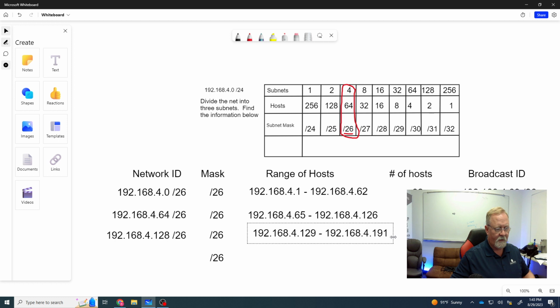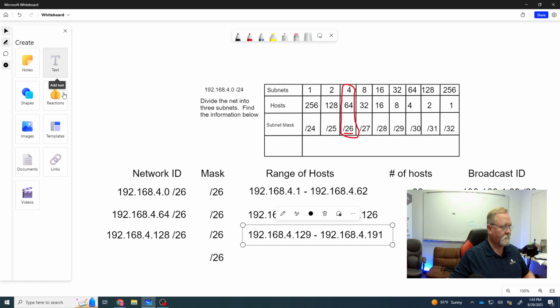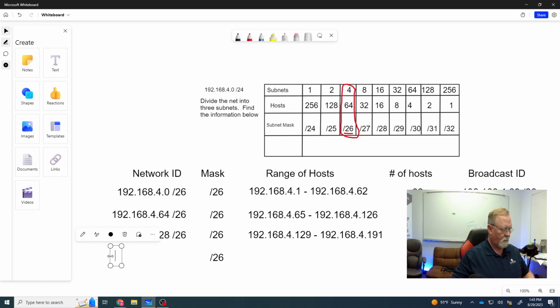Okay, and then finally, last one, of course, is going to start after 192, so that's going to be 193. /26.